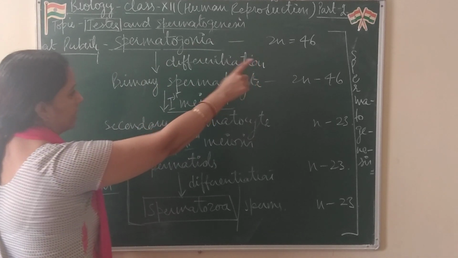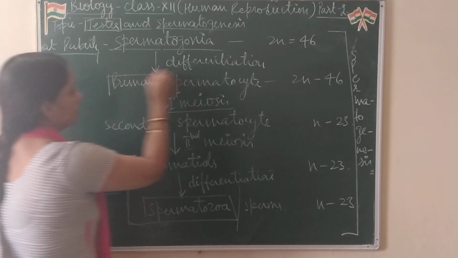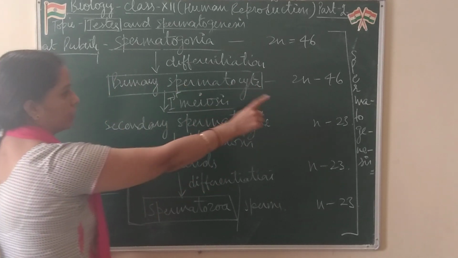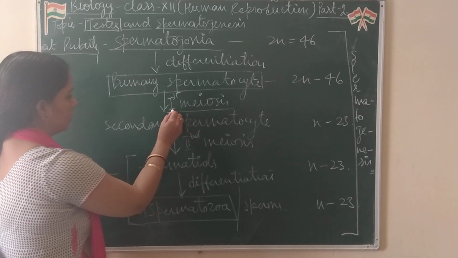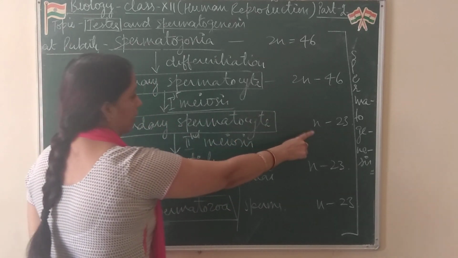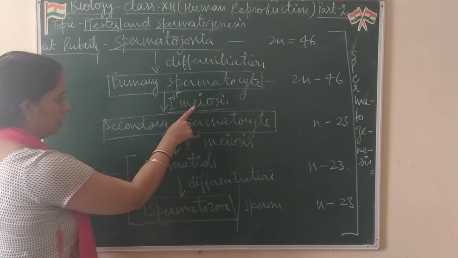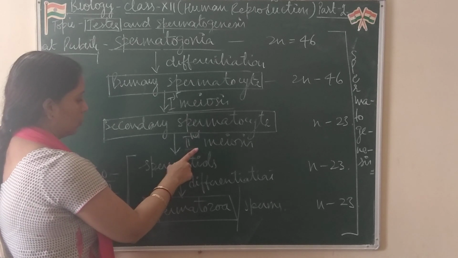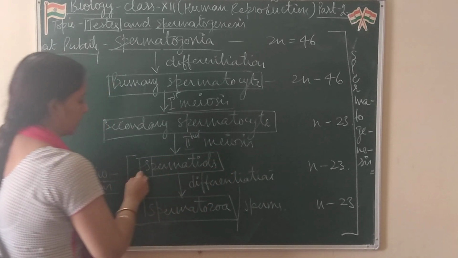Spermatogonia, which is a diploid cell, undergoes differentiation and forms primary spermatocytes, which are also diploid. They undergo first meiosis and form secondary spermatocytes, which are haploid, because meiosis 1 is a reductional division. Now they undergo meiosis 2 and form spermatids.